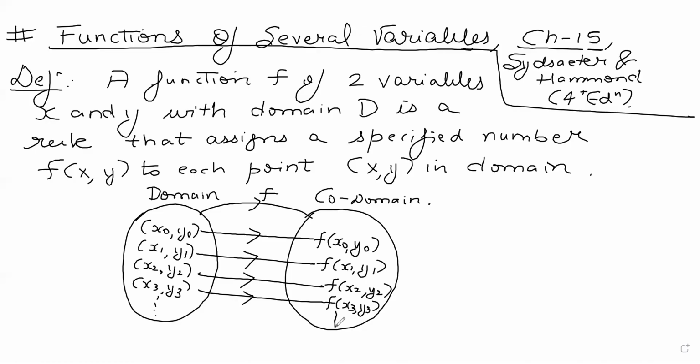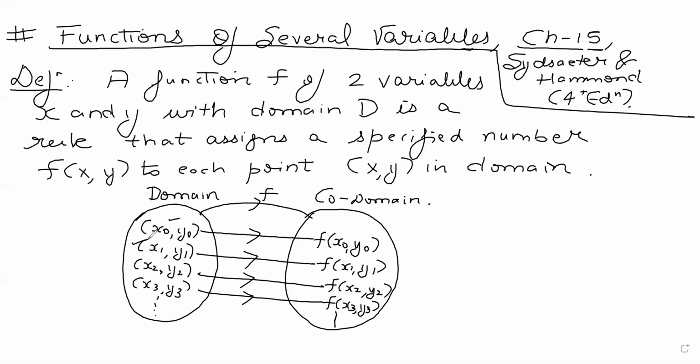So now my domain is going to consist of ordered pairs. Or if I speak in more technical terms, my domain will now consist of vectors in 2 dimensions. All of you have studied with me the concept of vectors in the MME-1 course. (x0, y0) itself is a vector in 2 dimensions. (x1, y1) is a vector in 2 dimensions, and so on.